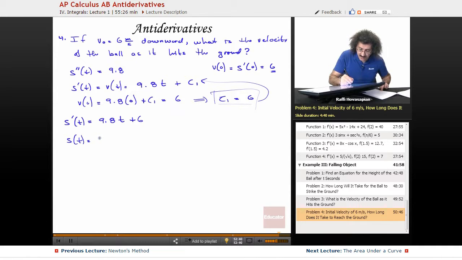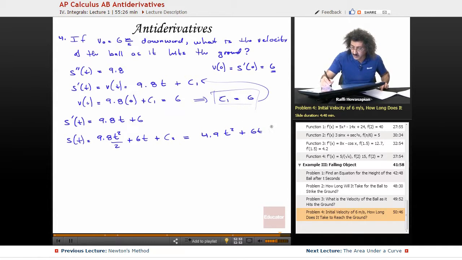Now, when I find my s of t, I take the antiderivative again. Now I'm going to get 9.8t squared over 2 plus 6t plus c2, which is equal to 4.9t squared plus 6t plus c2. Okay, so I have a different function now, and I also know that s of 0 is still 0, right?